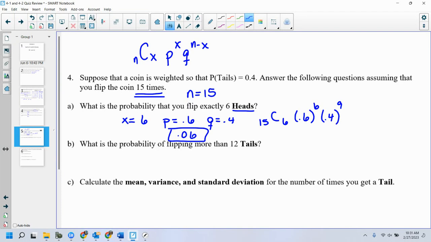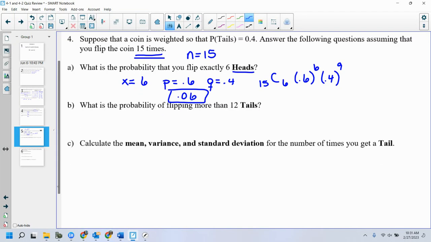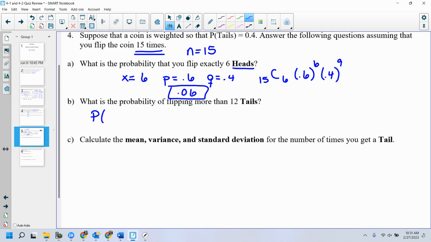What is the probability of flipping more than 12 tails? The probability of x more than 12 is the probability of 13 plus the probability of 14 plus the probability of 15. You follow me there?